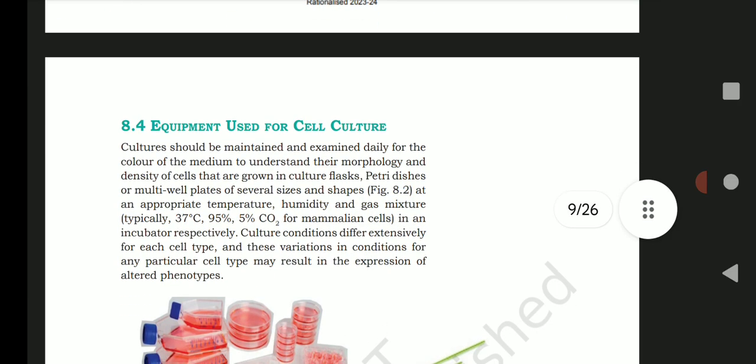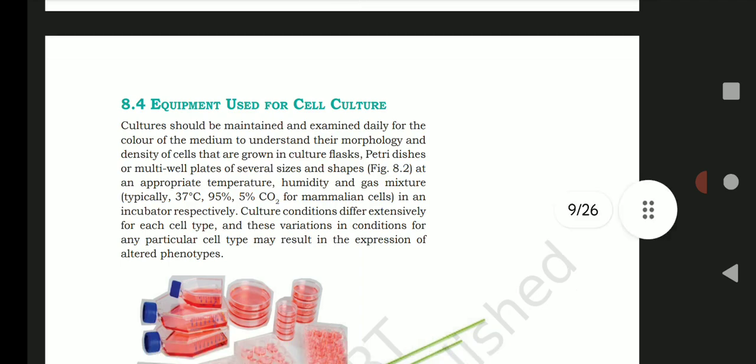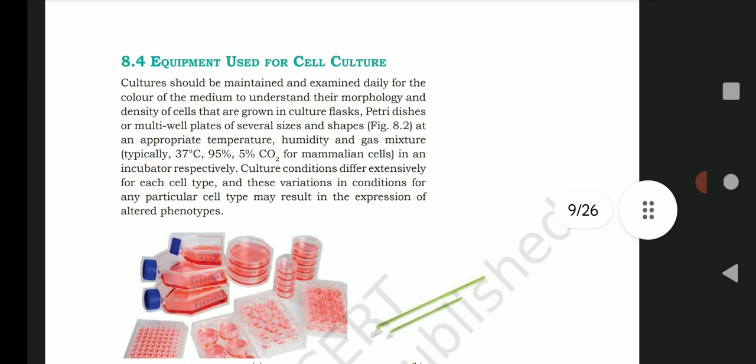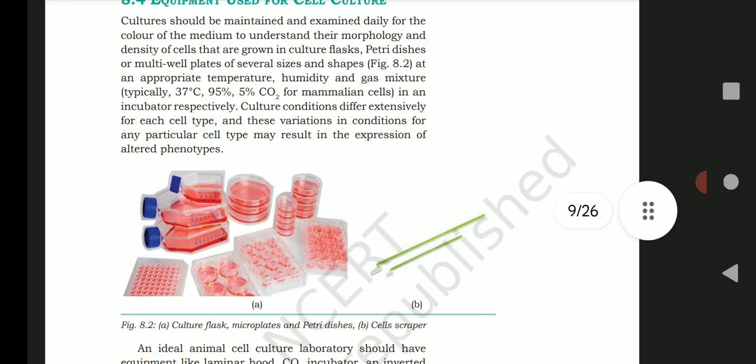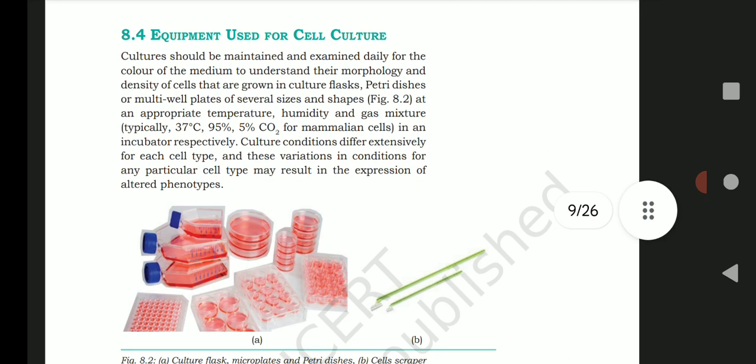There are various equipments which are used for our cell culture, which we come across to maintain the proper temperature, carbon dioxide for the mammalian cells, and humidity of about 95%. Different shapes of cell culture flasks are available.